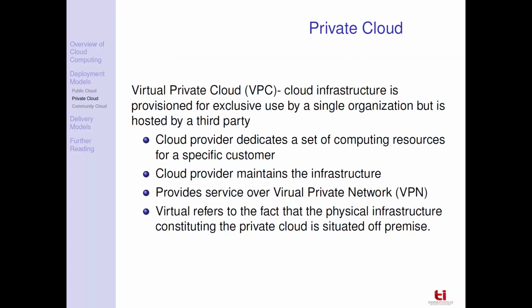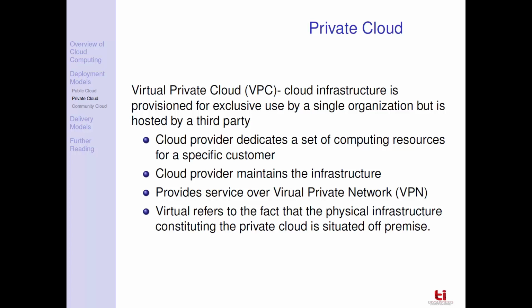So let us also look at the concept of virtual private cloud. What we just discussed is also called a physical private cloud. In a virtual private cloud, though the cloud infrastructure is provisioned exclusively for use by a single organization or the users associated with that organization, it is hosted by a third party.